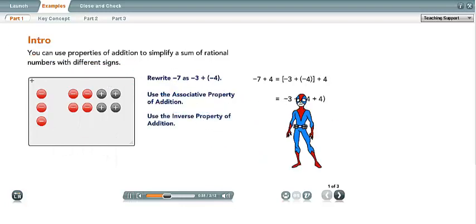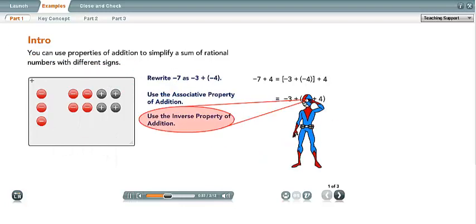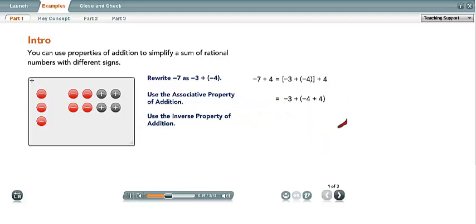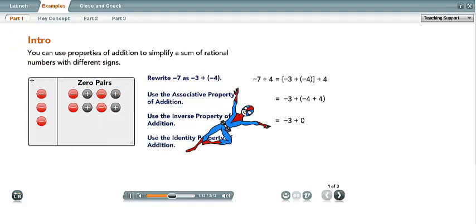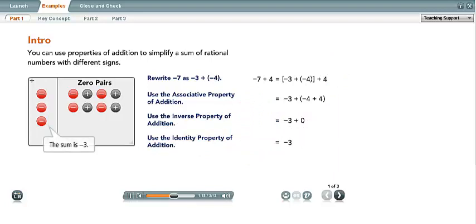Use the inverse property of addition to cancel -4 and 4. Remove the 0 pairs. Use the identity property of addition. The sum of -7 plus 4 is -3.